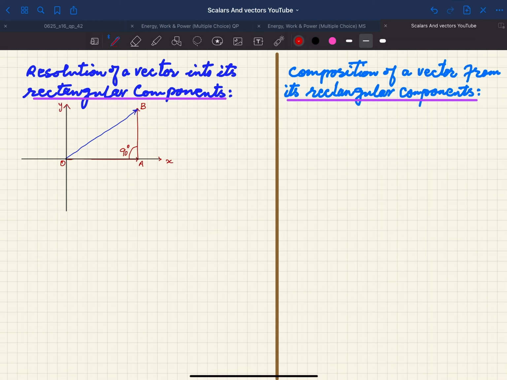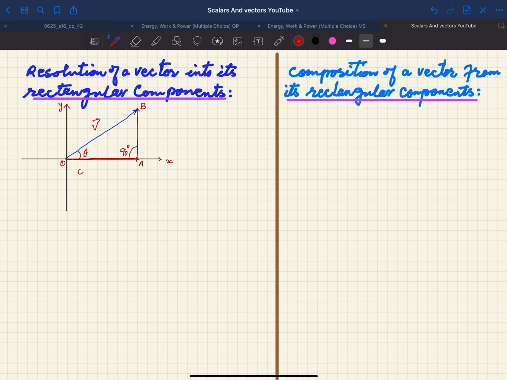So here, suppose vector OA of vector V is lying along the x-axis. Your vector V is making an angle of theta, and one part or component of this vector V is lying along the x-axis.